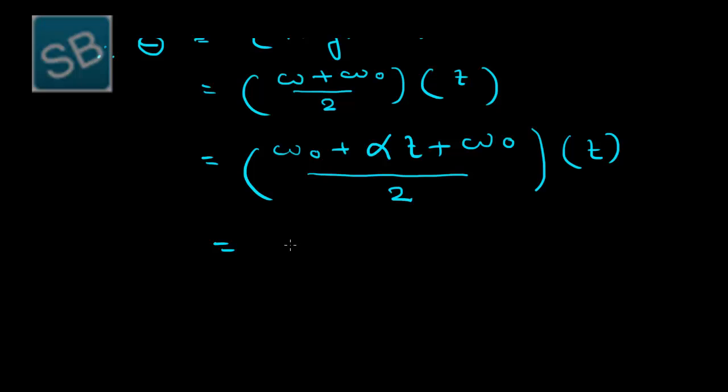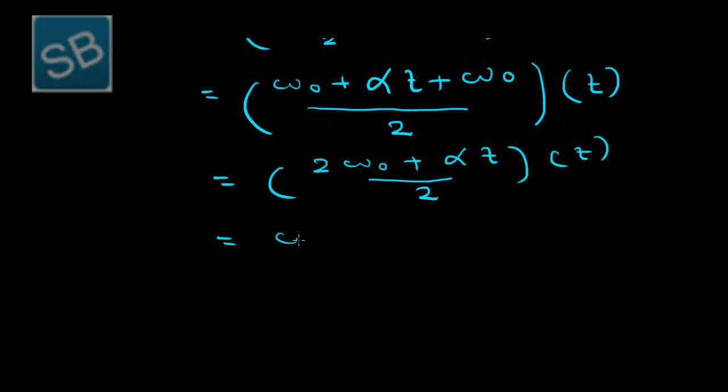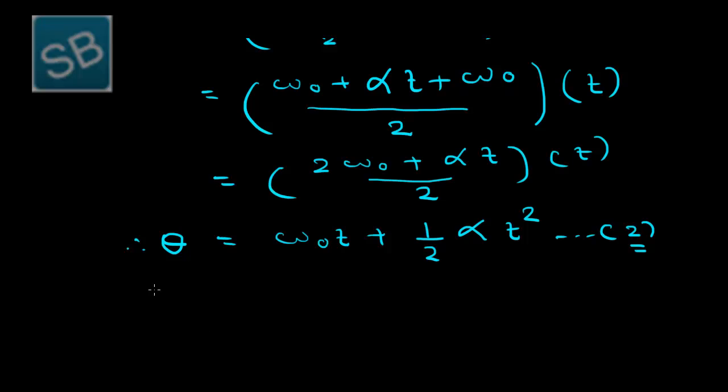This is 2 omega 0 plus alpha t divided by 2 into t. Multiplying t and dividing by 2, we get omega 0 t plus 1 by 2 alpha t square. Therefore, theta equals omega 0 t plus 1 by 2 alpha t square. I can compare this with d equals v0 t plus 1 half at square.